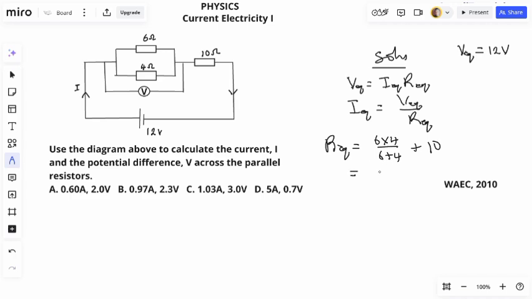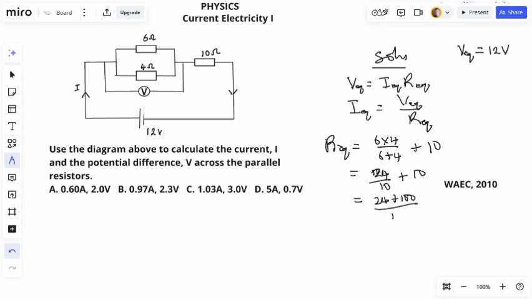So we calculate, this will be 24 divided by 10, plus 10. Did I say 24 plus 100?